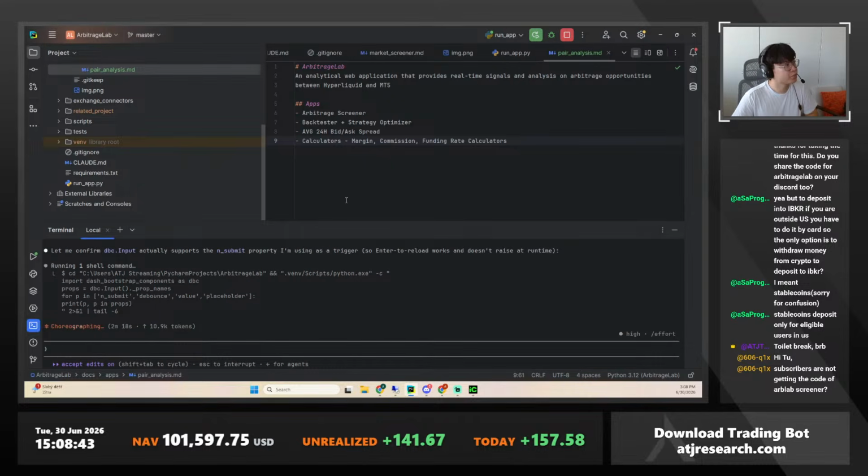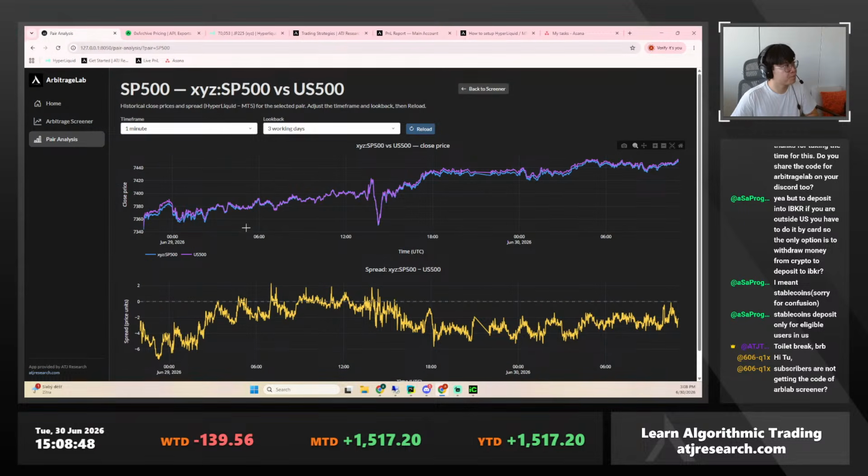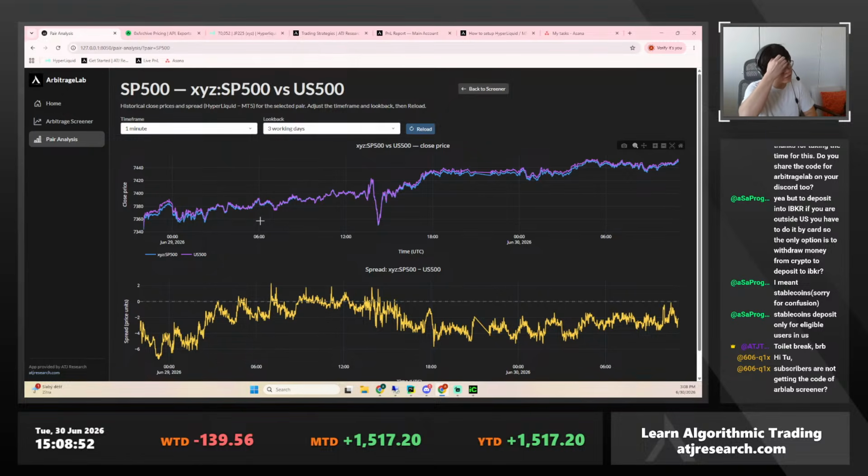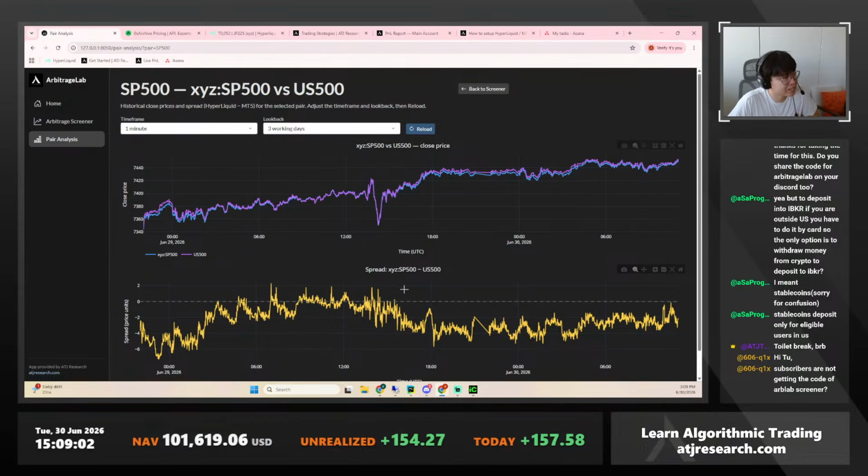Okay, so let's think about what they want to do. We're working on the pair analysis here. So here we see the historical spread and prices. I think we don't have to worry about styling too much.